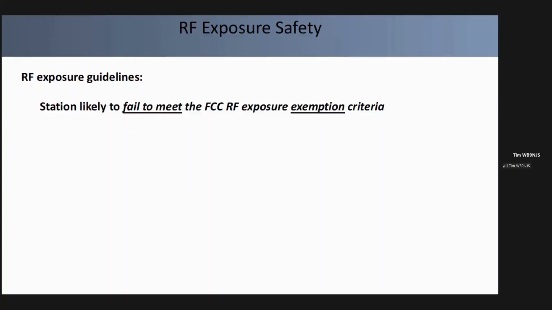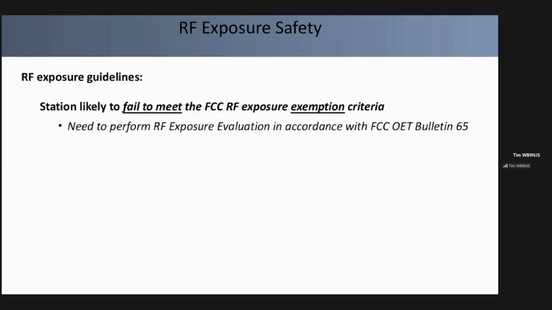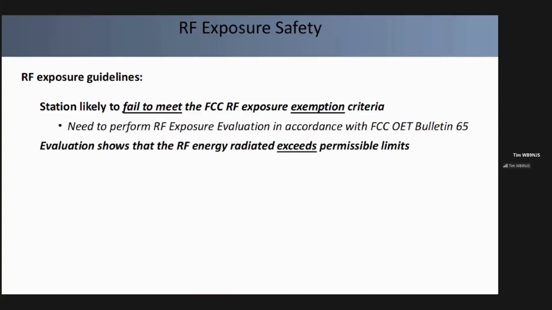So the question is, what happens if you fail to meet the RF exposure exemption criteria? Well, the answer is you need to perform an RF exposure evaluation in accordance with FCC OET bulletin number 65. So if you fail to meet it, which you're likely going to, you need to perform an RF exposure evaluation.